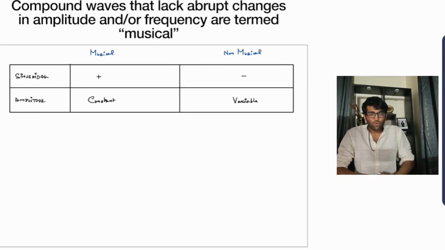So now, as I've just said previously, any compound wave that lacks an abrupt change in amplitude and frequency is then termed musical, because it doesn't cause displeasure or discomfort to the listener.